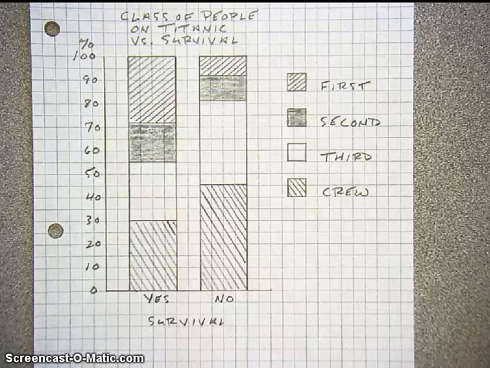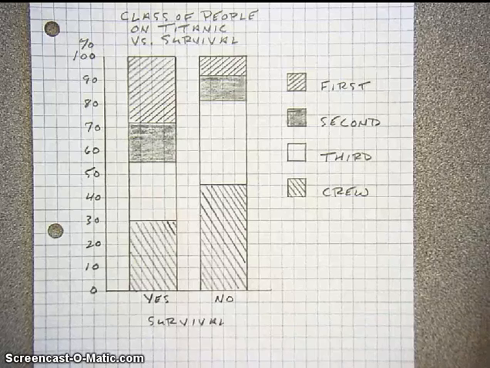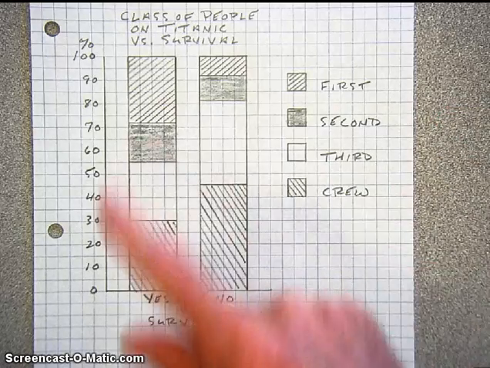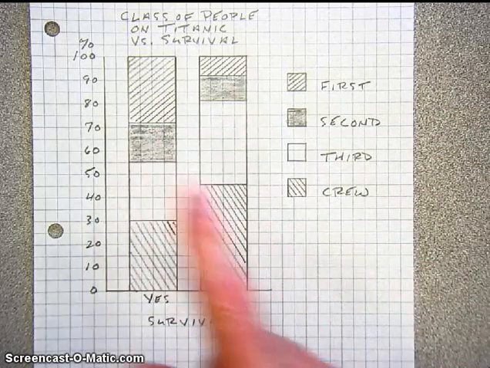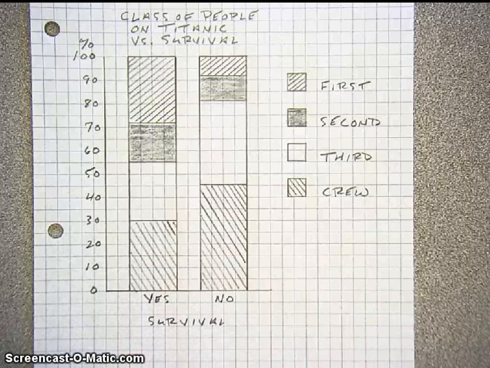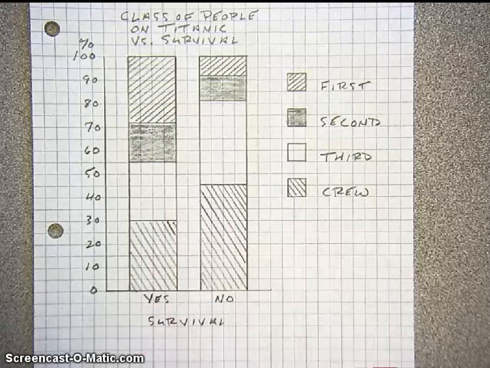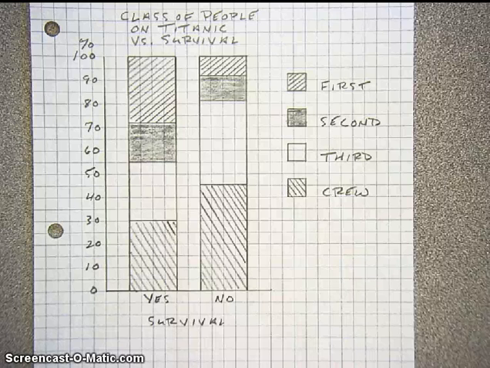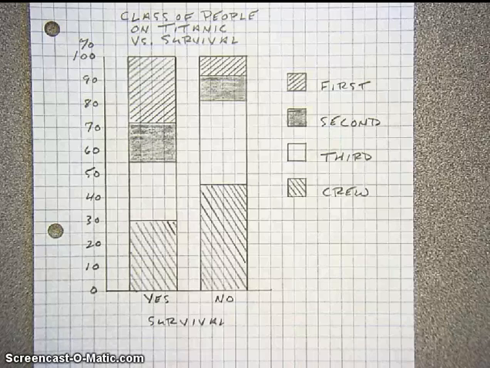People have been discussing this for decades and decades, and you have to remember when you look at these things, you see a perceived association between these variables. Always remember that there might be variables lurking in the background that are not explicit in this analysis. And one of those is that women and children had a higher chance of surviving than adult males did.